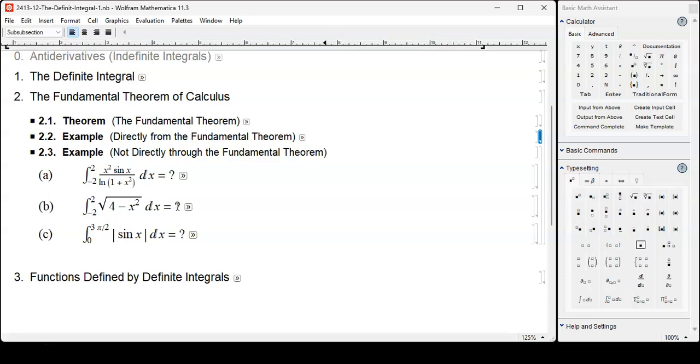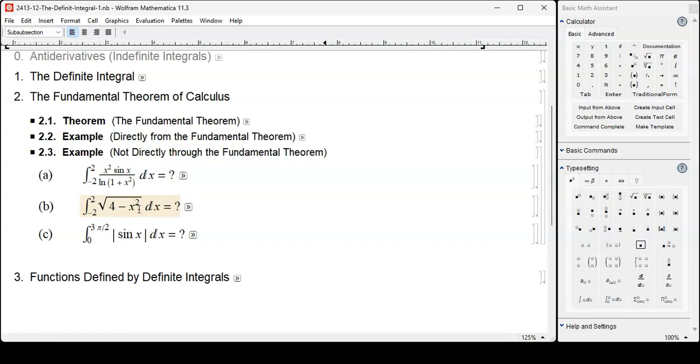Another one here, the integral of square root of 4 minus x squared dx. How am I going to calculate the antiderivative here? If it is 4 minus x, then it's not too bad.